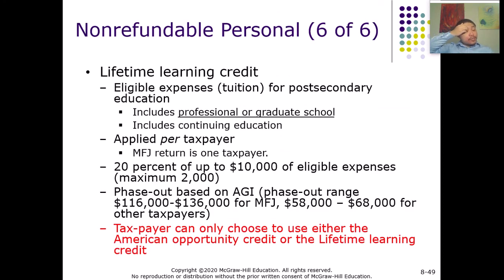There are also other programs that help taxpayers pay for their education. The other program is called the Lifetime Learning Credit. The requirements for this program are a little looser, less restricted than the American Opportunity Program. For this one, all the expenses you pay for grad school or professional school can also be included.